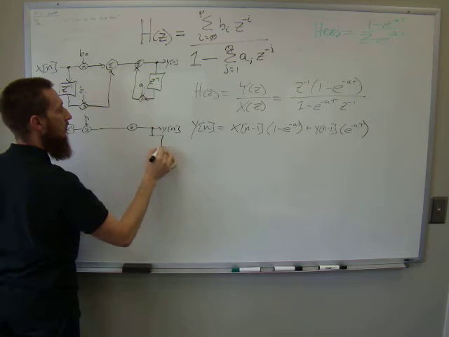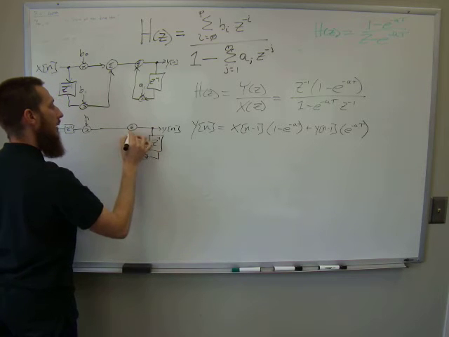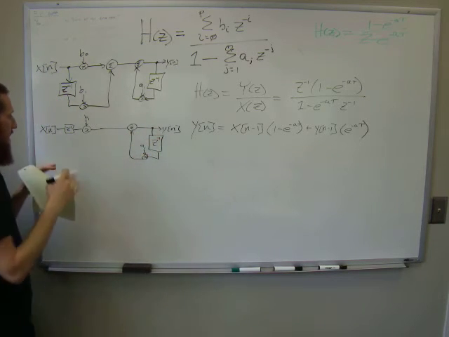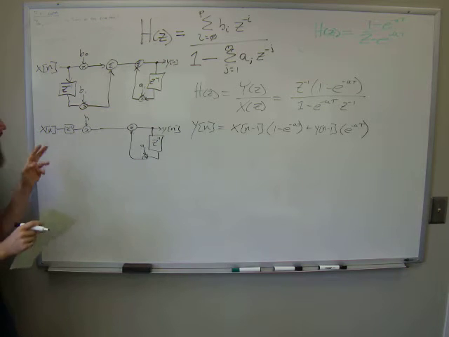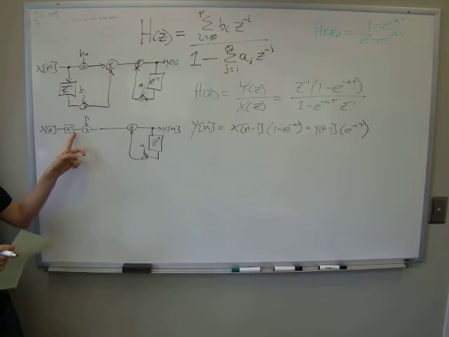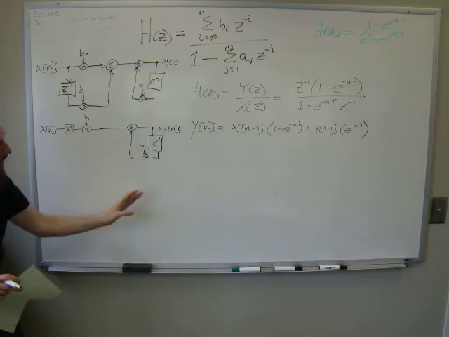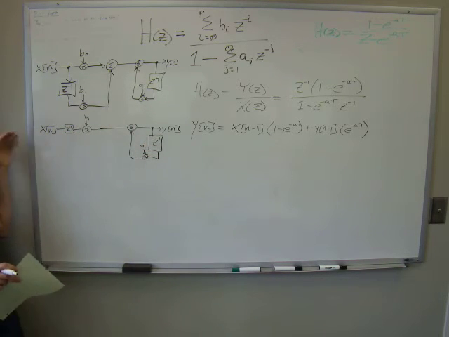Tapped off, goes through another delay block, gets multiplied by a of 1, and back into the summation block and out. So, when we do not have an x of n, we only have an x of n minus 1, you can see that this time delay block doesn't do anything, because this right-hand side only depends on the values that are being put through here.